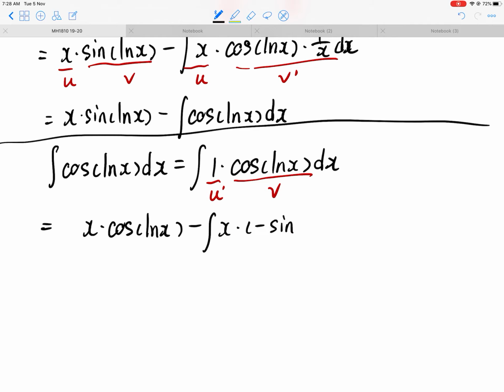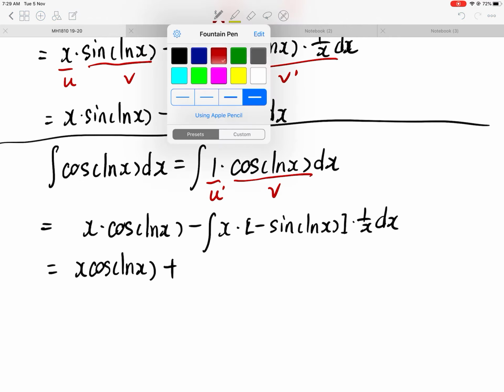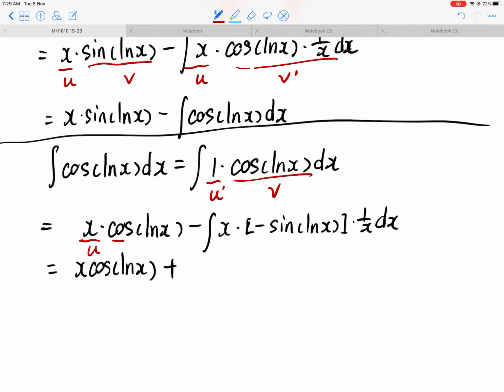So it's x cosine ln x plus, by the way, this is your u, this is your v's derivative, plus integration of sine ln x.